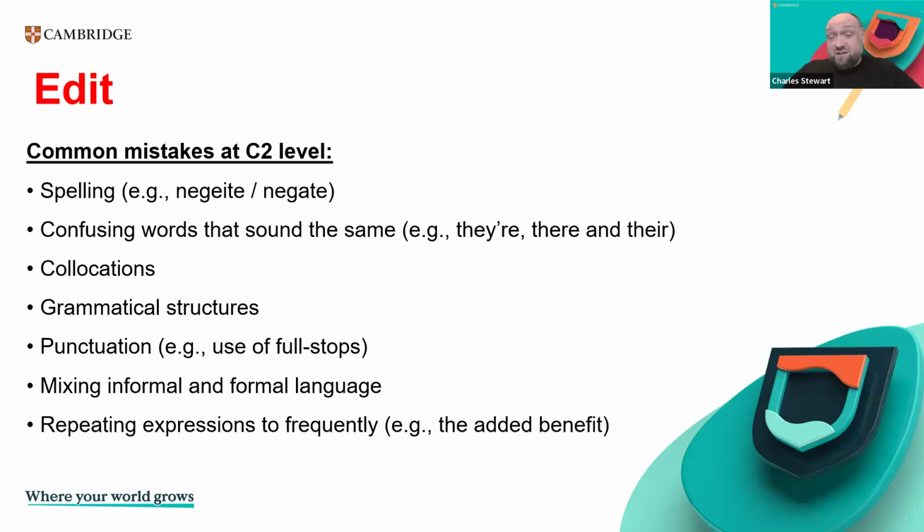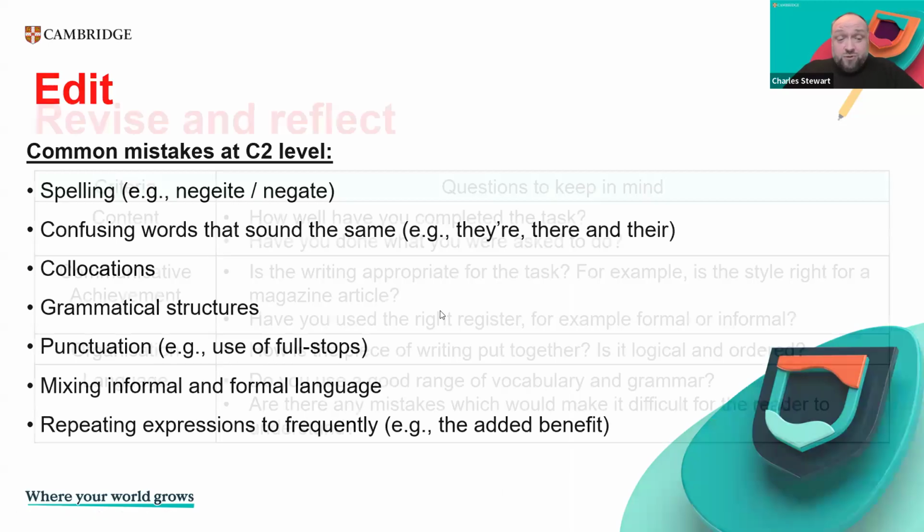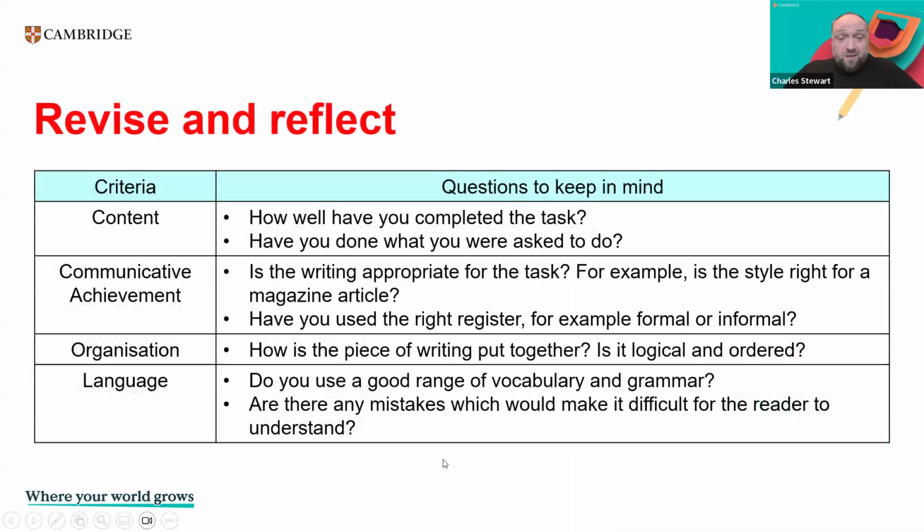And lastly, repeated expressions. At the C2 level, you must have the knowledge to use synonyms rather than the same exact words or expressions repeated throughout the paper. Therefore, do keep that in mind.